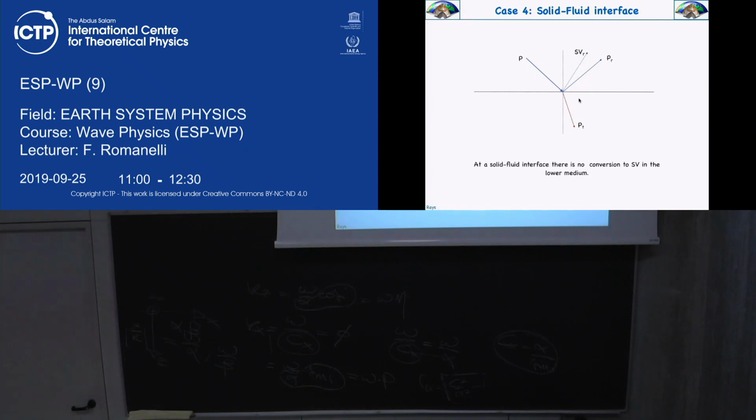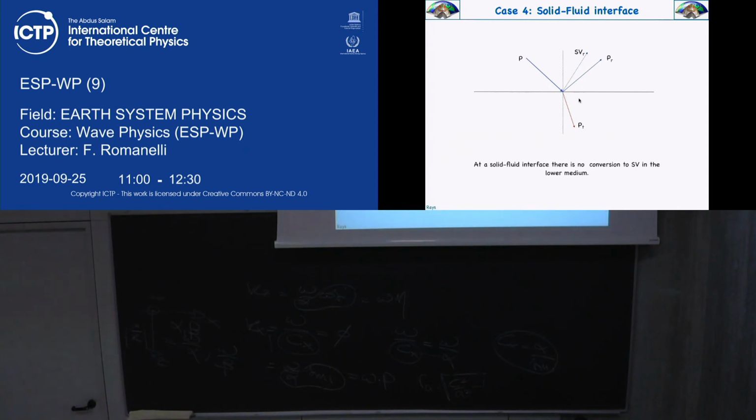That's important, because now you can imagine, and we're going to explore this afternoon, that if you have an S wave that is propagating in the mantle, arriving at the core-mantle boundary, it looks there and says, oh, it's a fluid. I cannot propagate there.